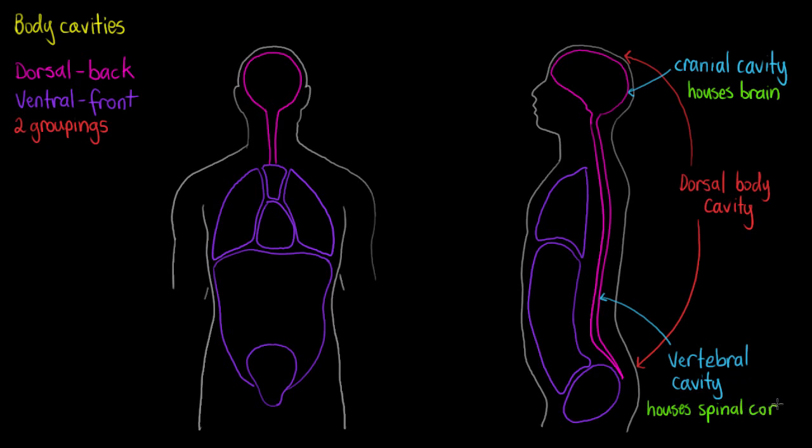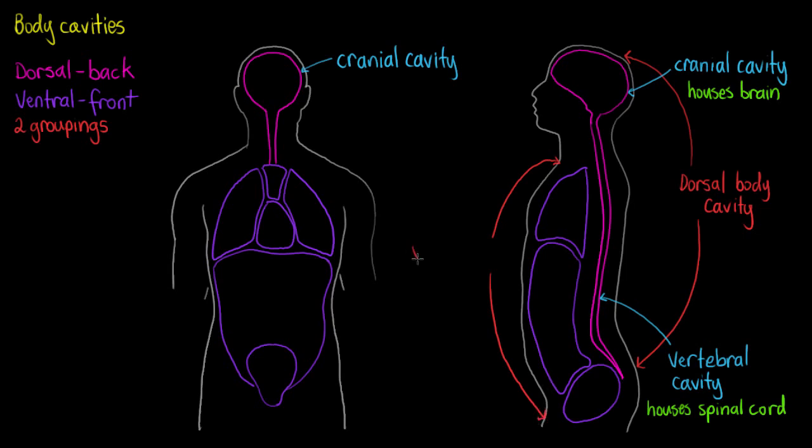Now just moving over to our front view here, we can see the cranial cavity again from a different view. Just to show you that one, before we move on to our ventral body cavities. The ventral cavities are on the front of the body and typically house and protect our organs.